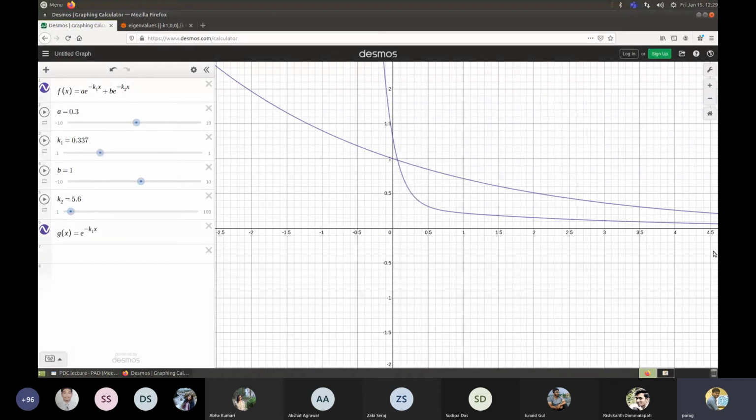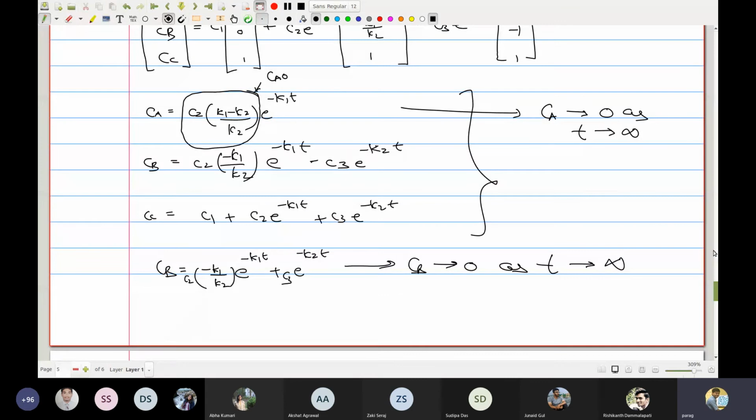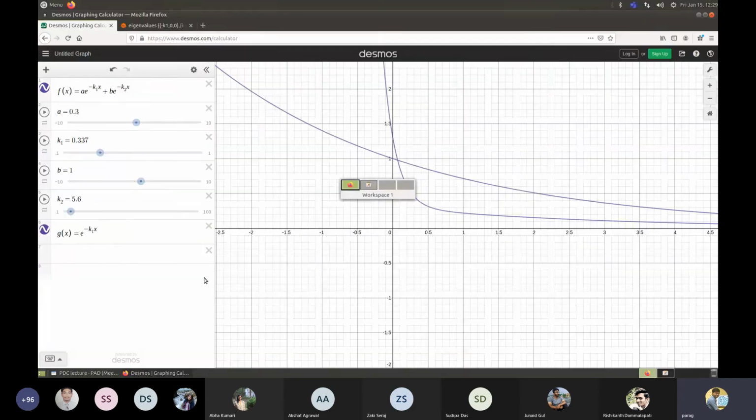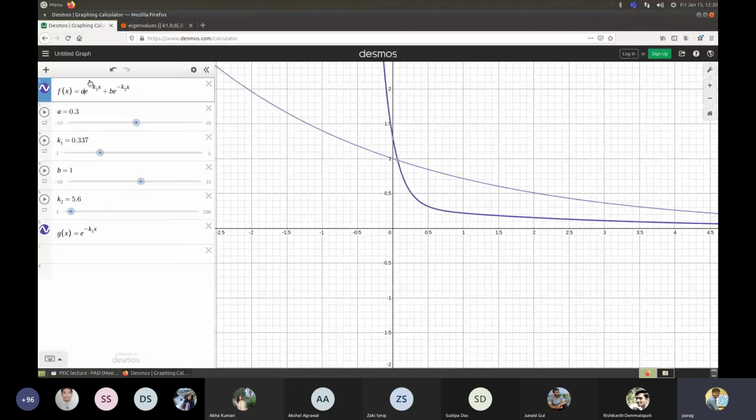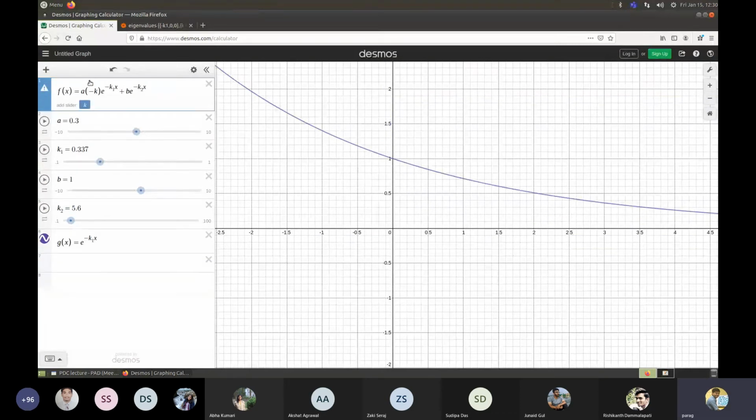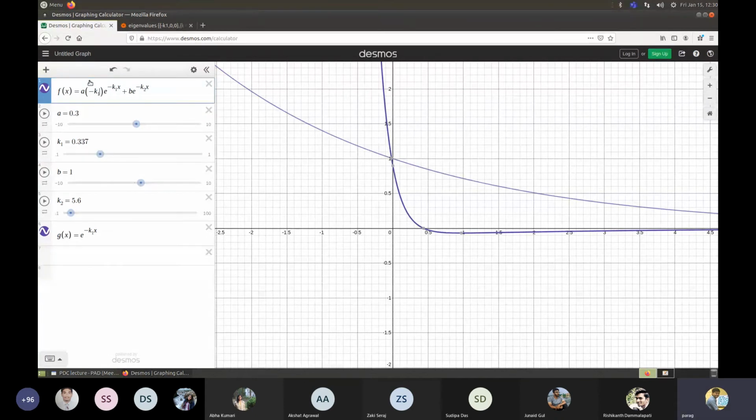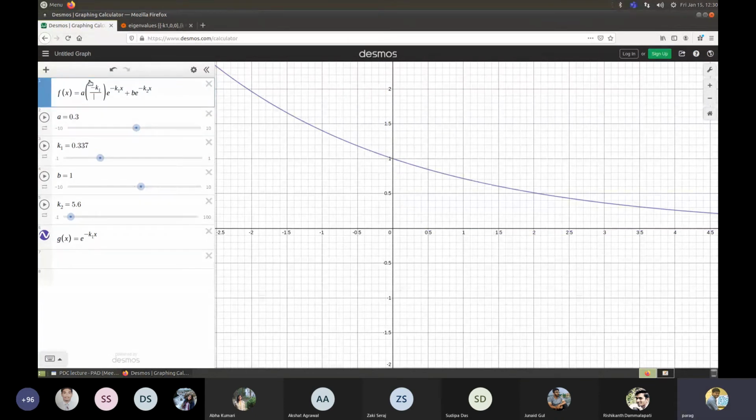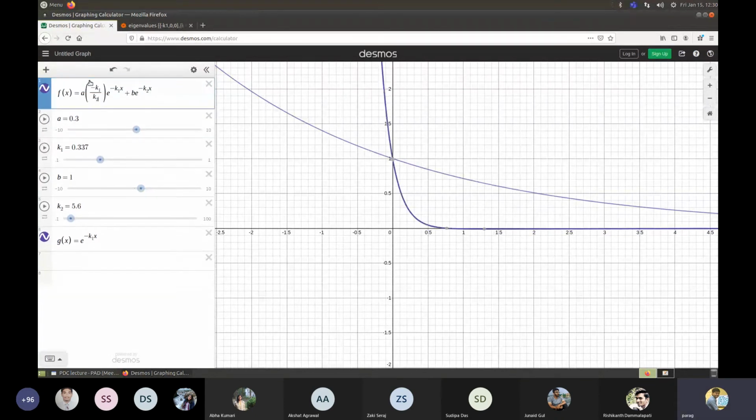Now we can make this expression a little more complex so as to capture the correct trend. So this one has to be multiplied by K1, sorry, minus K1 by K2. So A multiplied by minus K1 divided by K2.